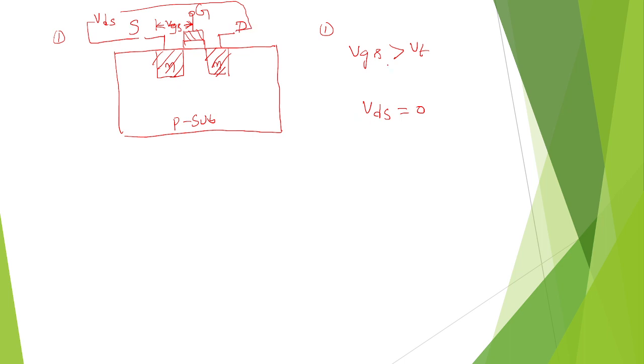Just assume the threshold voltage for the transistor is 0.6 volts, but we have applied only 0.2 V as VGS, just an assumption.